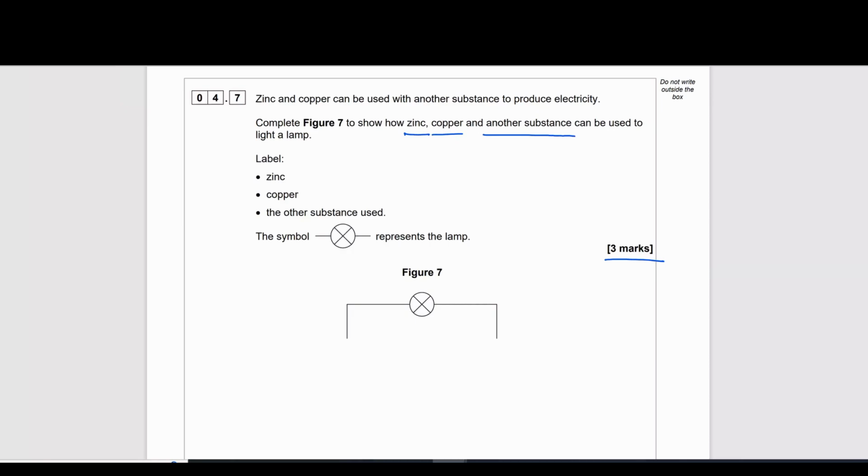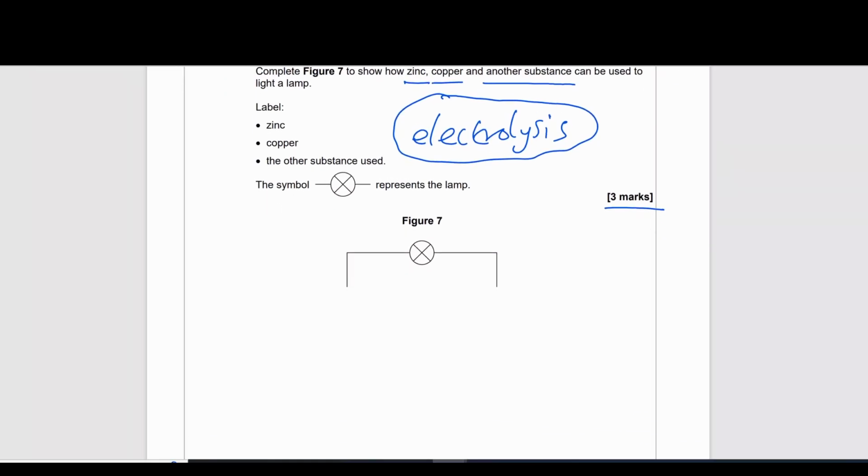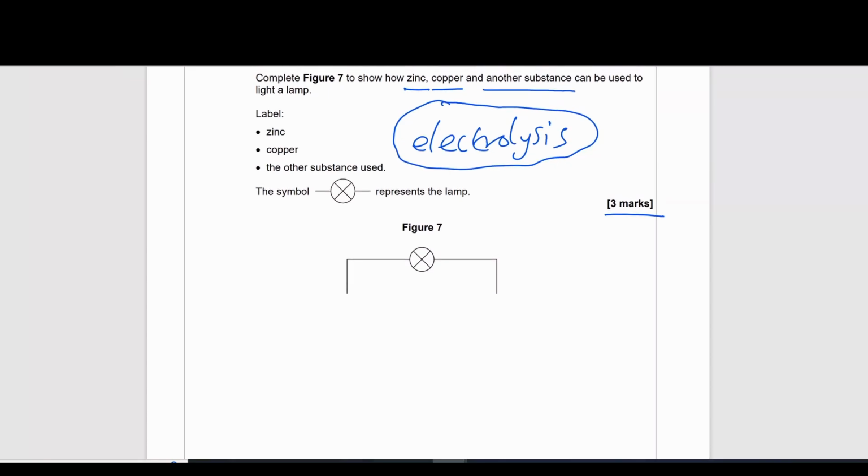Well, when we're thinking about producing electricity and we are thinking about the inclusion of metals, our process which we have learned is electrolysis. So we have to be thinking about this process in order to pick up some marks. So what are the principles of an electrolysis setup? Well, there should be a positive and a negative electrode.